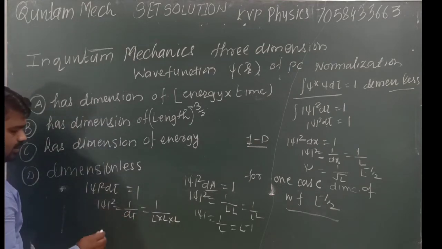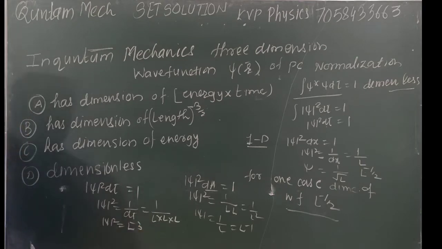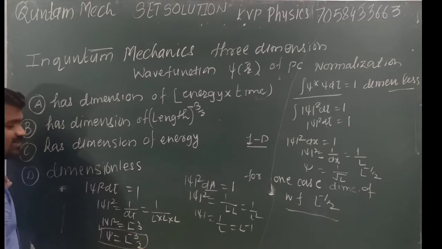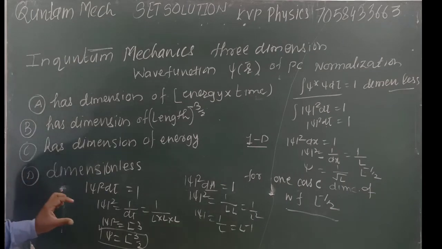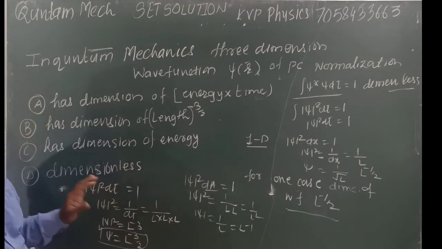Coming to the numerator, mod psi square is equal to L to the power minus 3. Taking the square root on both sides, psi is equal to L to the power minus 3 by 2. What is the dimension of the wave function in the 3D case? L to the power minus 3 by 2.